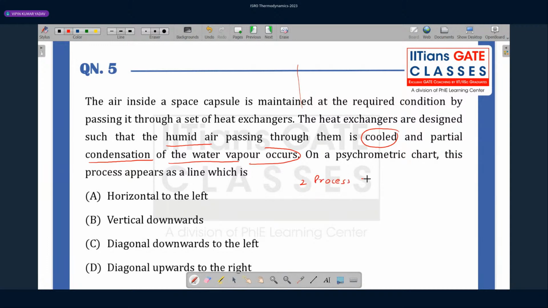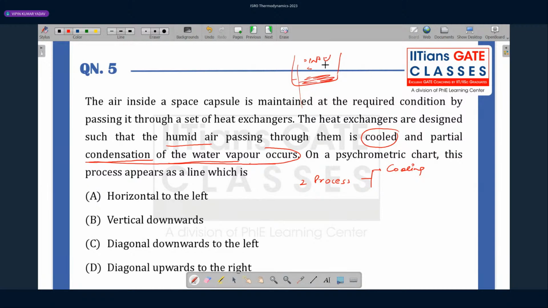The first process is the cooling process, right? The air is cooled. And what is the second process? Condensation of water vapor. Condensation means your vapor is converted to liquid. So when you have some air, it has some water vapor and it will condense to liquid, so it will be collected here.